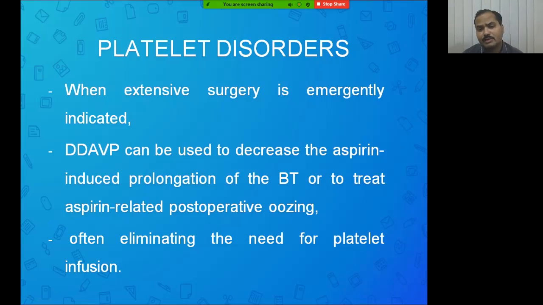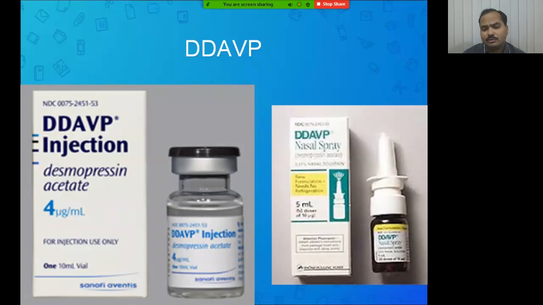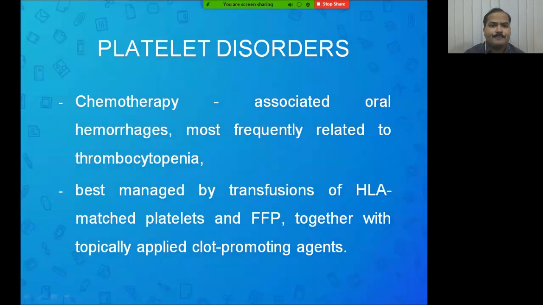So in a case where the patient is taking aspirin but we have to perform an emergency surgery, we will make use of desmopressin. It often eliminates the need for platelet infusion in emergencies. Desmopressin is usually available as an injection or a nasal spray for control of the bleeding.